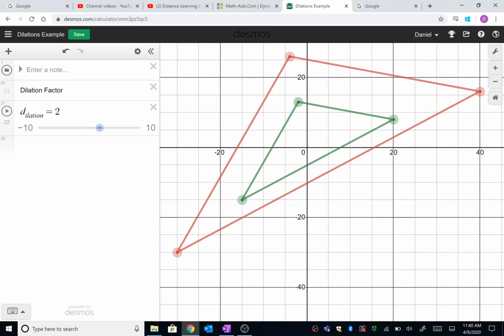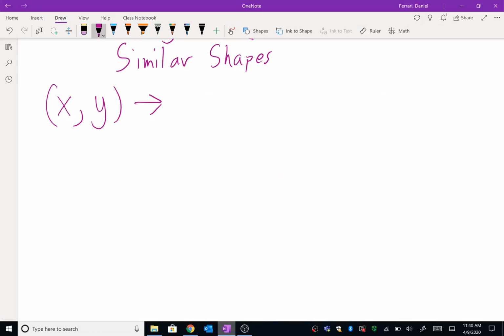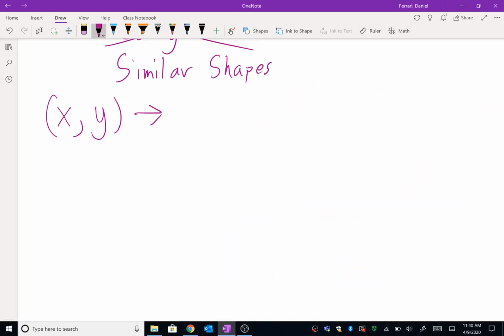If I wanted to write the algebraic representation of dilating by a factor of 2, I would take the x-coordinate and multiply it by 2, and the y-coordinate and multiply it by 2.